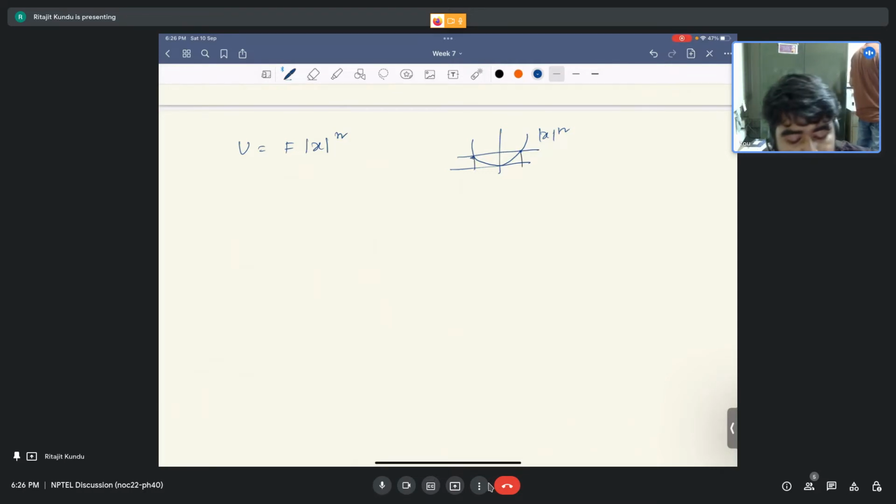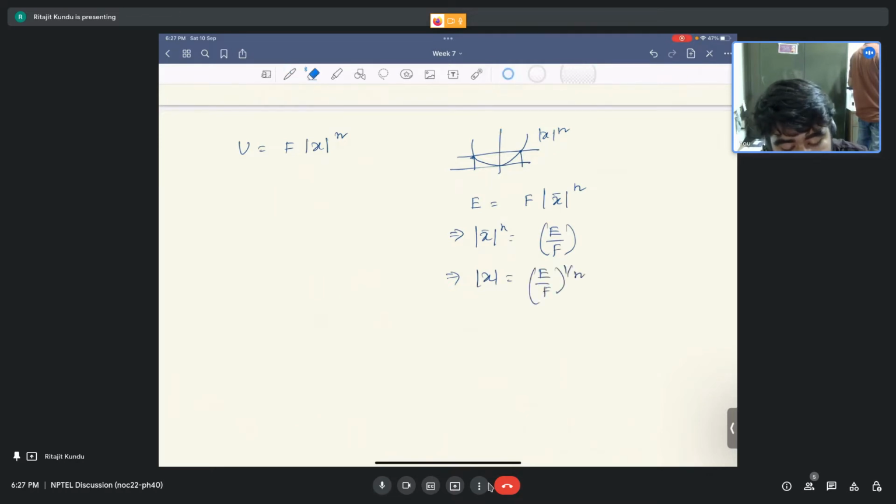Turning points in this case will be, similarly to the last case, F mod x bar to the power n equal to E. So now I will solve for x bar to the power n, so it becomes x bar equal to E by F to the power 1 by n. So these are the two classical turning points, minus E by F to the power 1 by n and E by F to the power 1 by n.